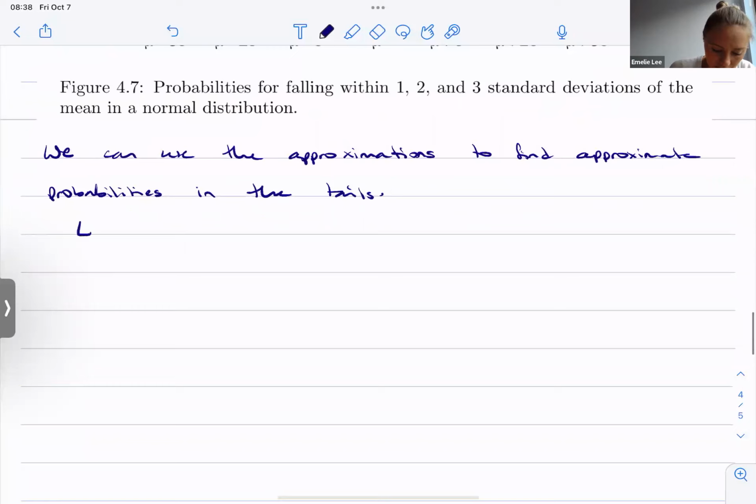Right, so for example, an observation is 1 standard deviation below the mean. What's the probability of seeing something less than that?